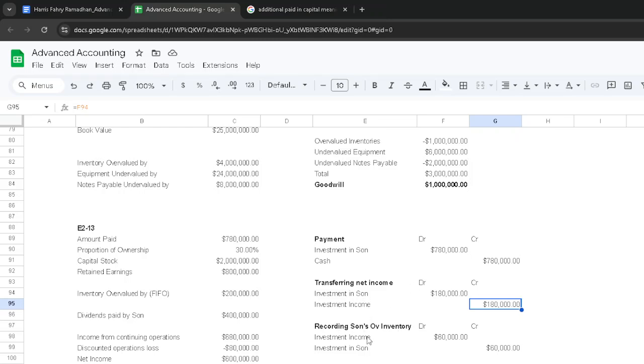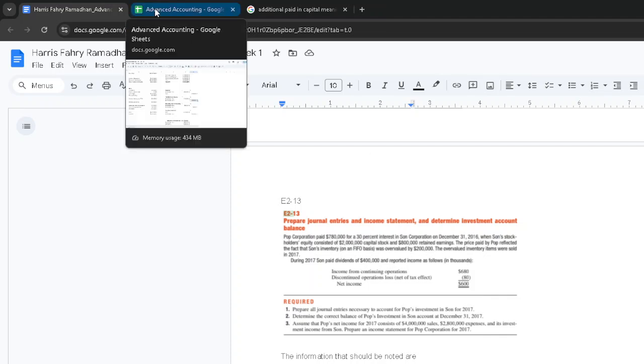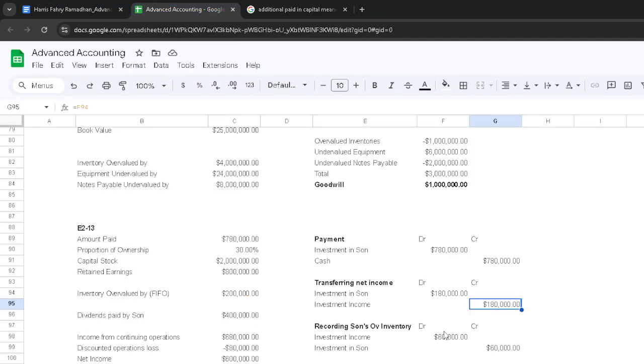And then next we want to record the overvalued inventory. If you look at the question, it says that the inventory is overvalued. Where is it? Here, it's overvalued by 200,000 because they're on a FIFO basis. What I want to point out is that the inventory amount is overvalued, and here I stated 200. And we also want to assign this to the Pop company.